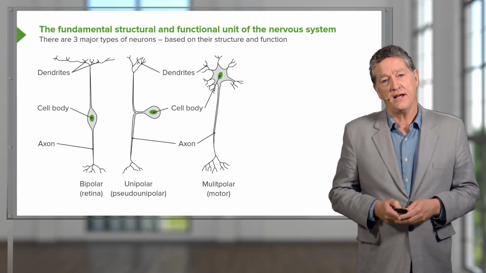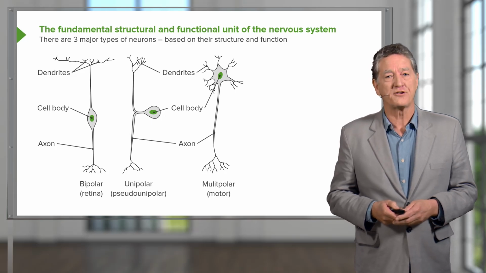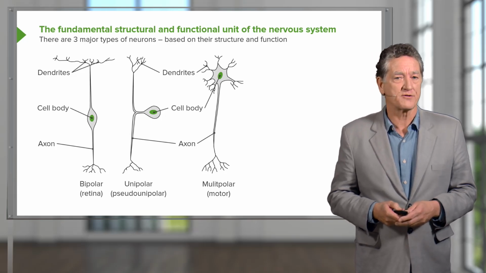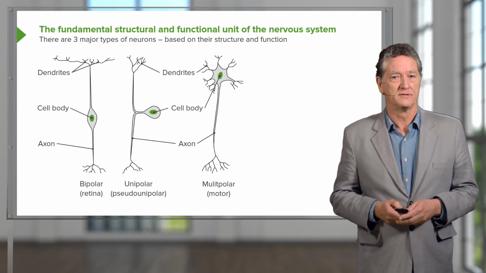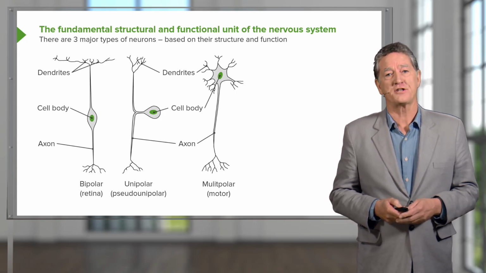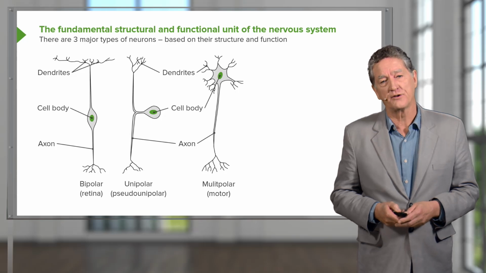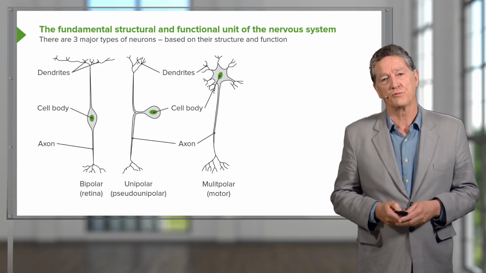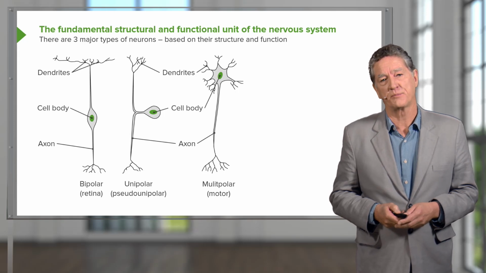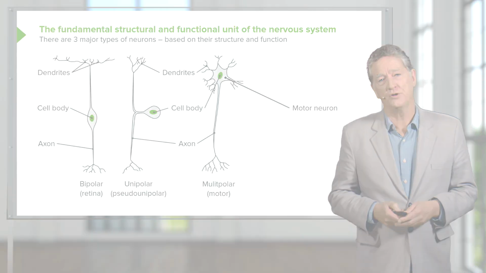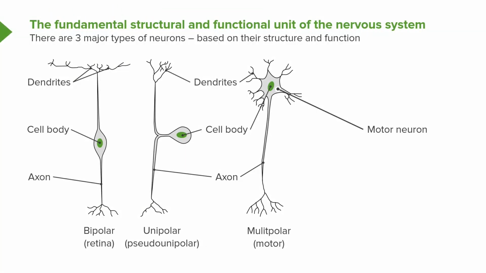Now, here's a diagram to actually describe what the structure of some of these neurons look like. And I just want you really to concentrate on the two diagrams on the right-hand side of this particular picture. The first one is a motor neuron. Notice it's got a dendritic tree or dendrite branch around the cell body or soma.